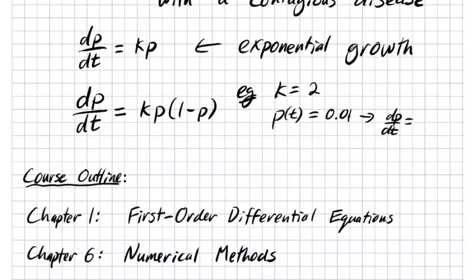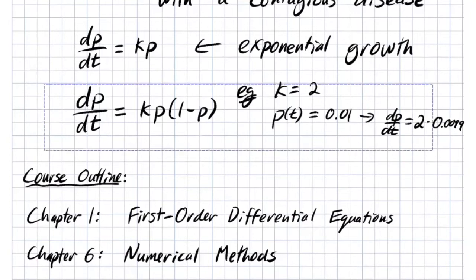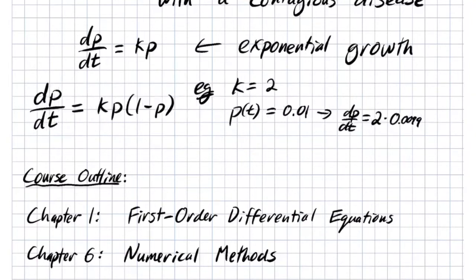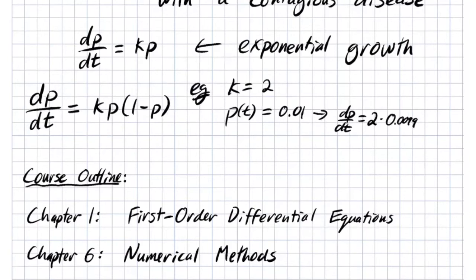It's going to be 2 times 99 times 0.01. So that'll be 0.0099. All right, let me just move this over. It's getting a little too close to the edge of the screen. So let me write this again, a little bit bigger.